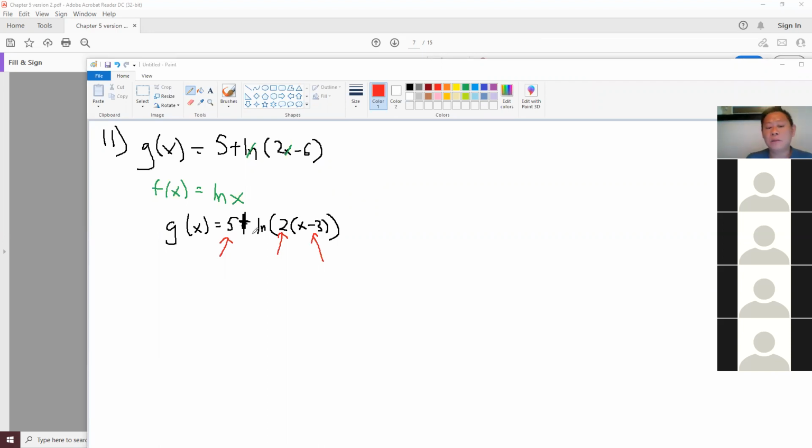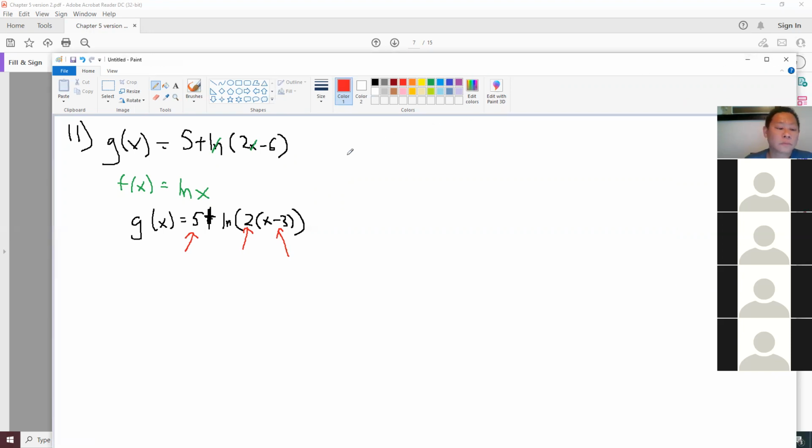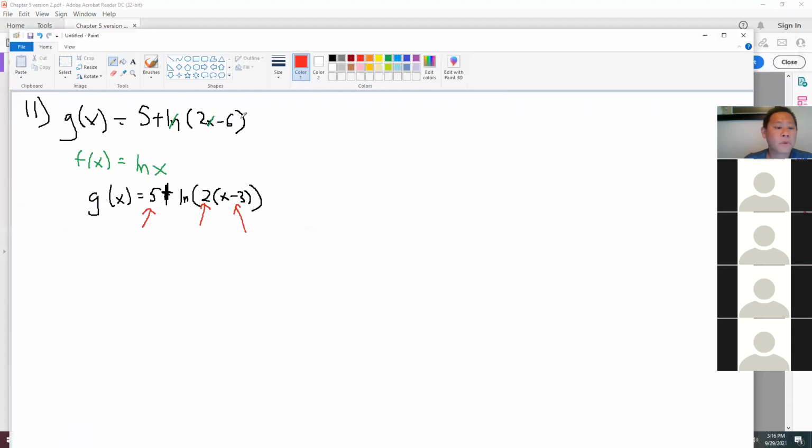What does this 5 mean? 5 here means you move up 5.